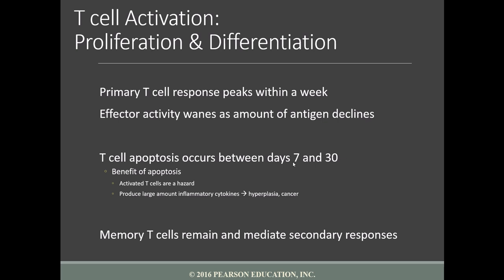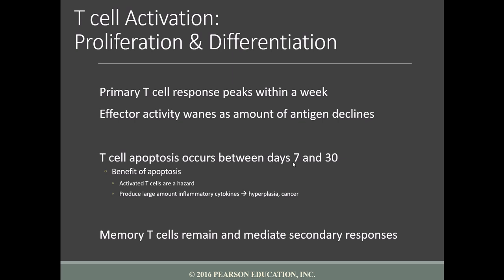But the reason we don't want the activated T cells, especially those cytotoxic T cells, around is that they're cytotoxic. They're toxic to cells, and they could potentially damage the body. And since many of these helper T cells in particular also work with the innate immune system and enhance inflammatory responses, you get a prolonged inflammatory response, which is also not something we want to see.